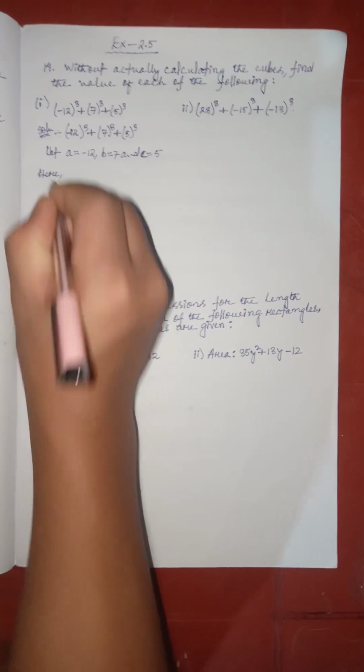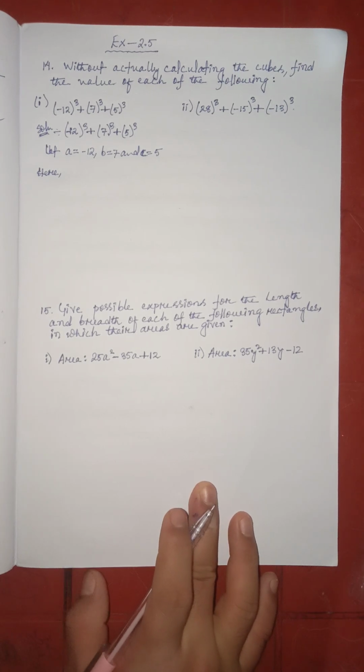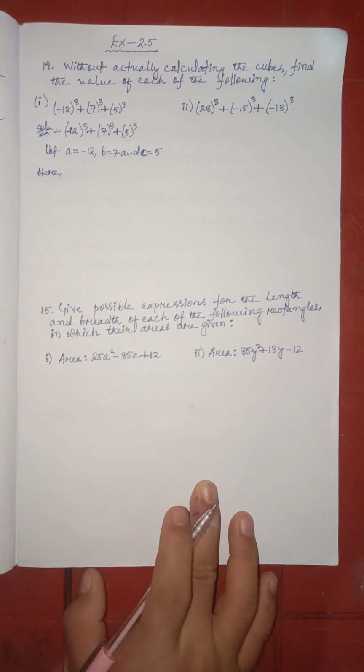Even in the earlier class we explained the identity: a cube plus b cube plus c cube minus 3abc equals a plus b plus c times a square plus b square plus c square minus ab minus bc minus ca.